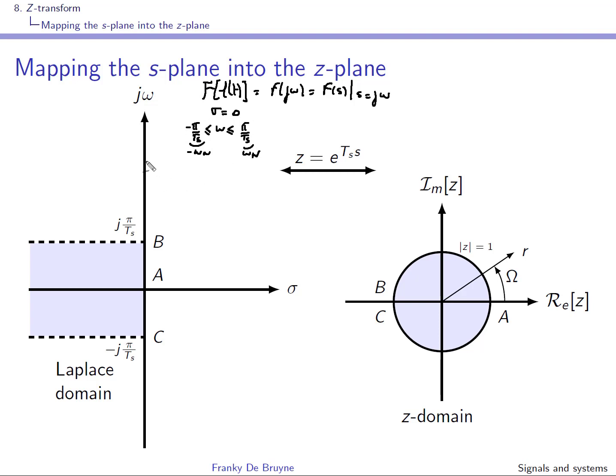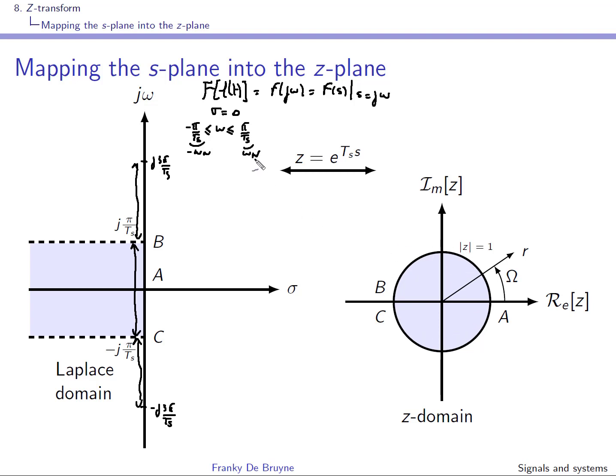We have just seen that these different portions of the j omega axis, here j3 pi over ts and minus j3 pi over ts, will all be mapped on the unit circle.